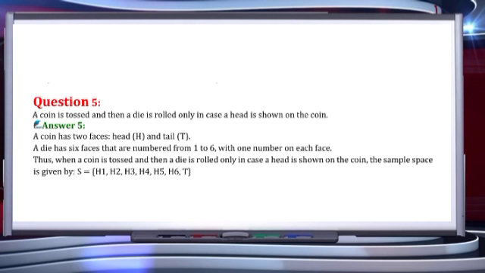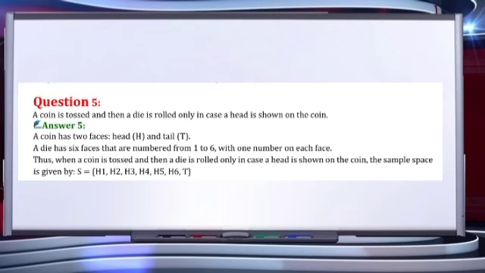But we are going to roll the die only when the head comes. So head can come with 1, head with 2, head with 3, head with 4, 5 or 6. So our sample space will contain 6 outcomes. So students, likewise you can solve the remaining questions of this exercise.